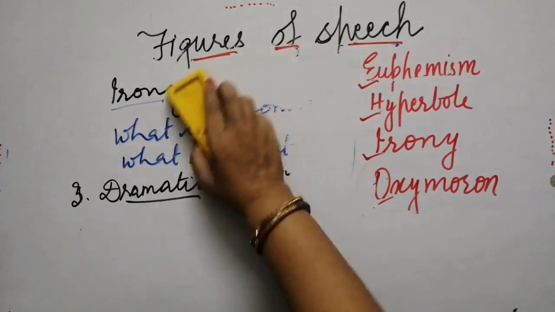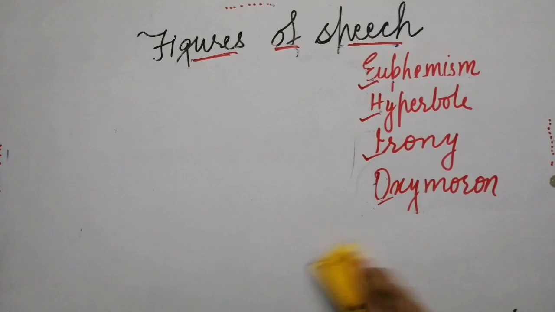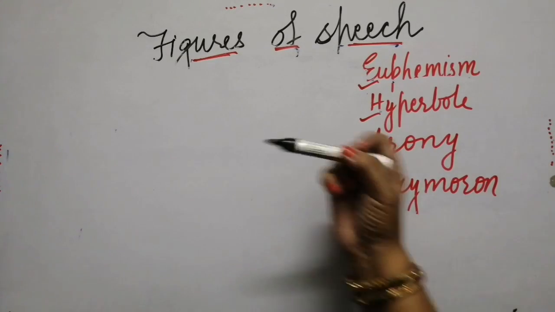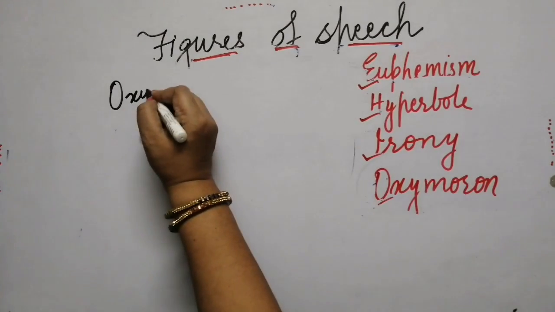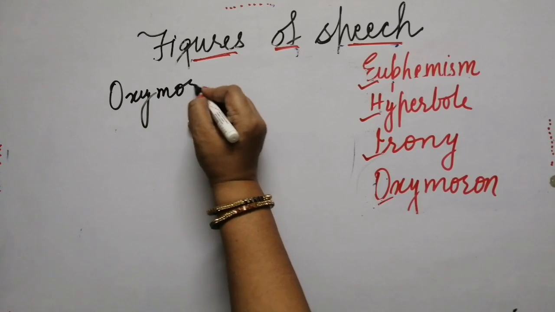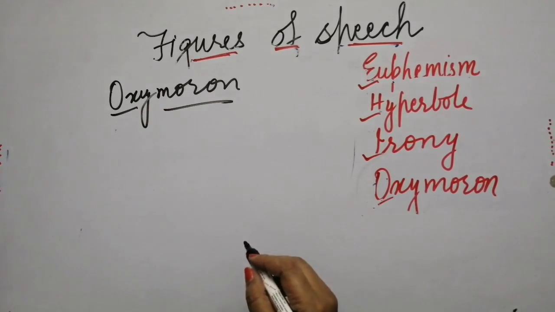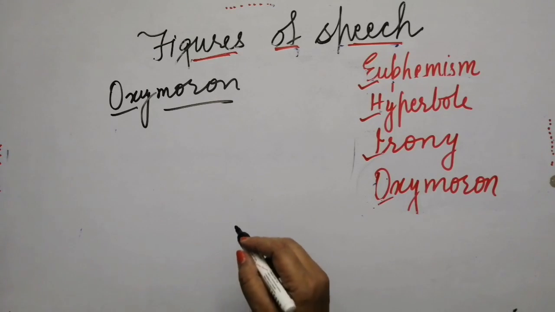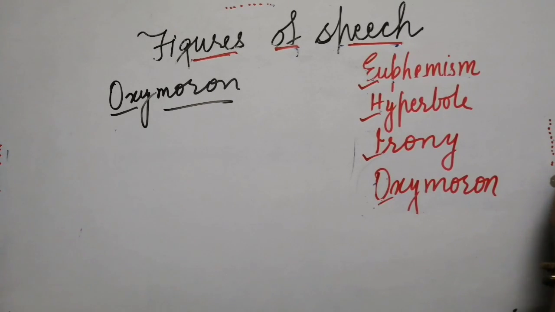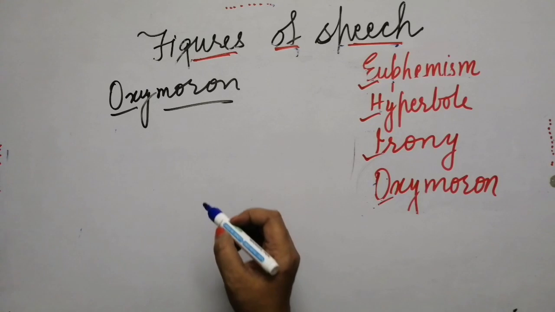The last one we are going to sum up today is oxymoron, which you have already read many a time. Very simple one. Oxymoron refers to the use of words which are opposite in meaning, right?